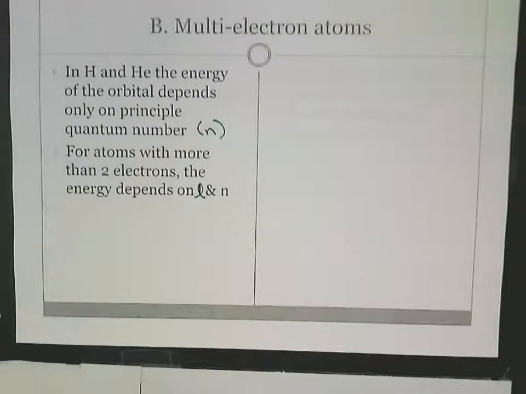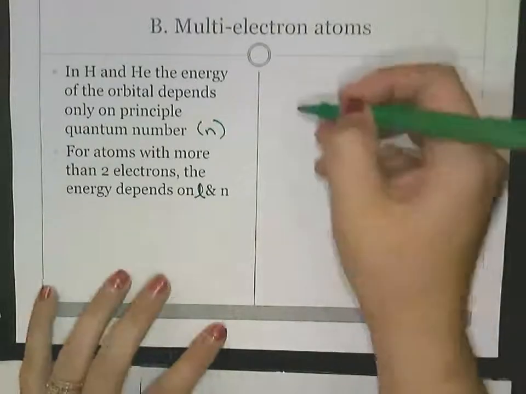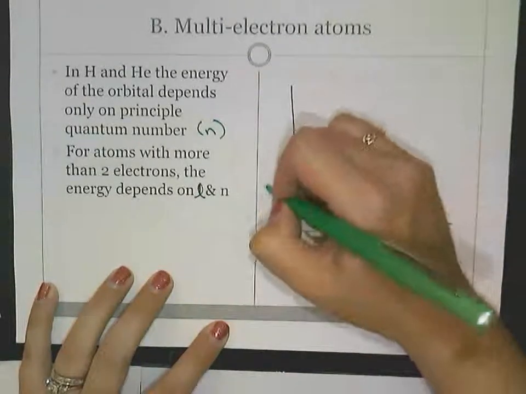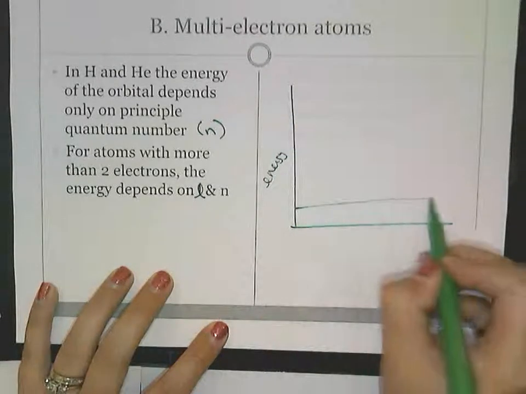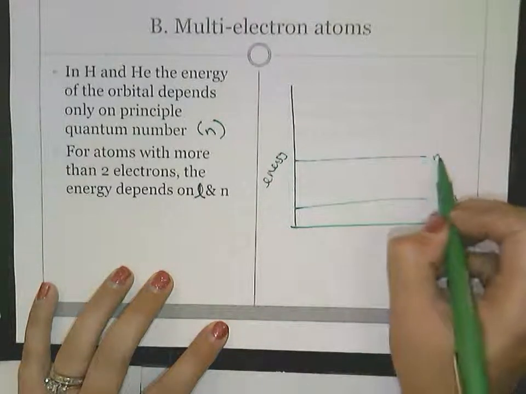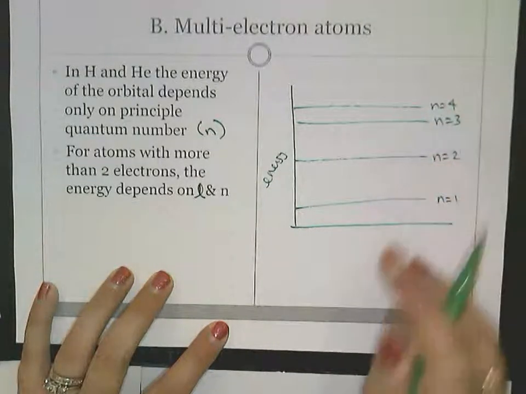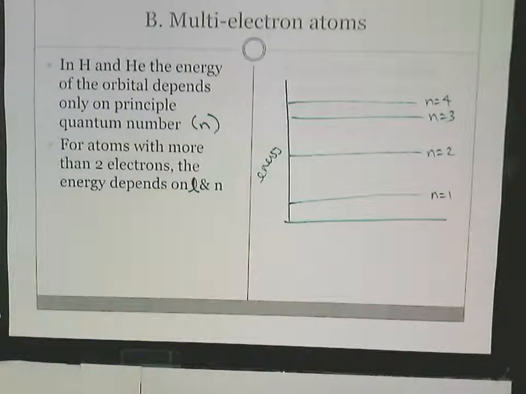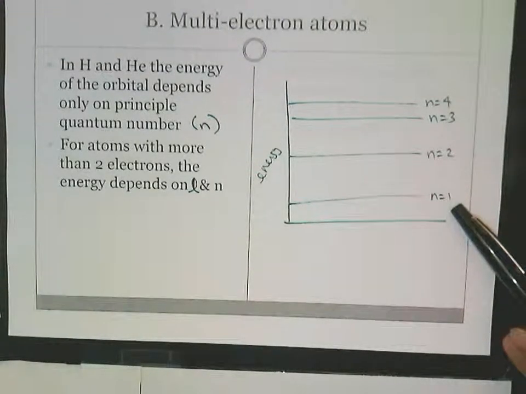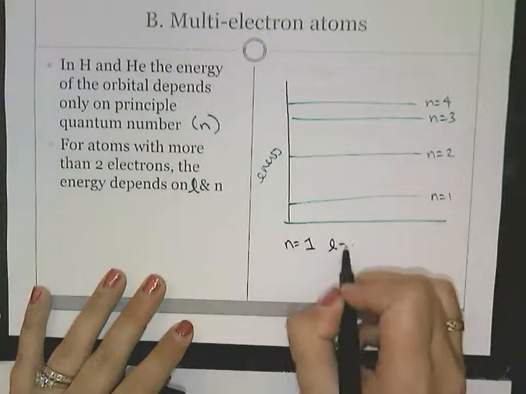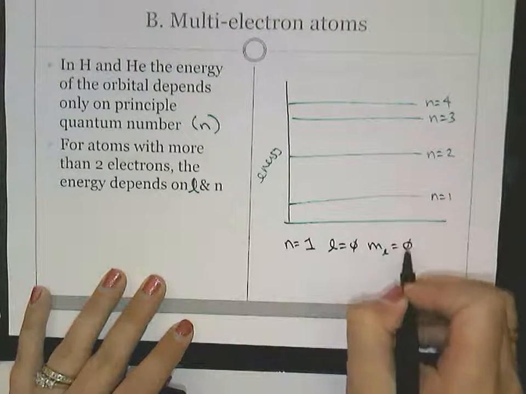So, thinking about this, right, we draw our little, this is energy. You have that energy level diagram. If I have N equal to 1, we already said we can only have one value of L. You only have one option. If N equals 1, then L is 0, and M sub L is 0, right?